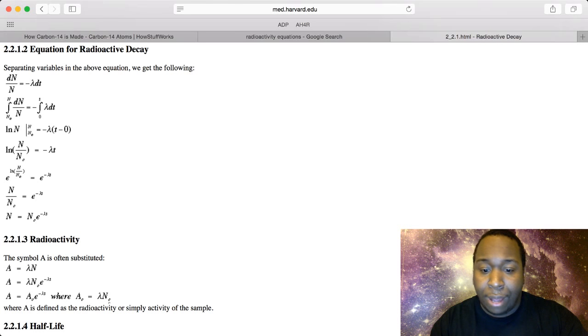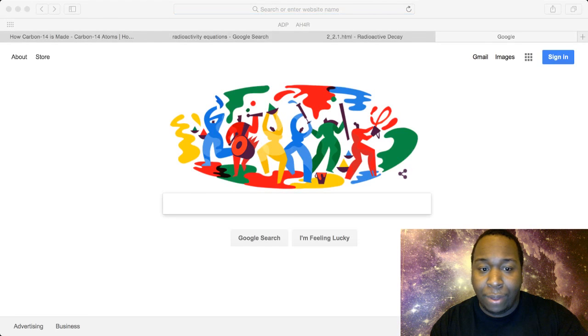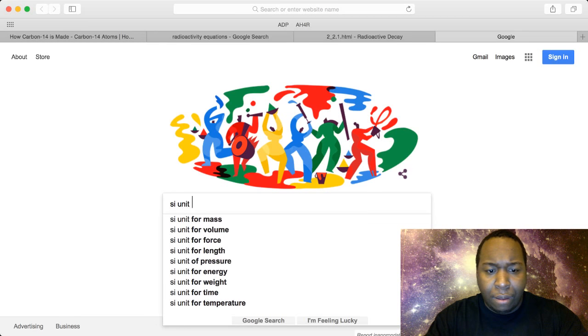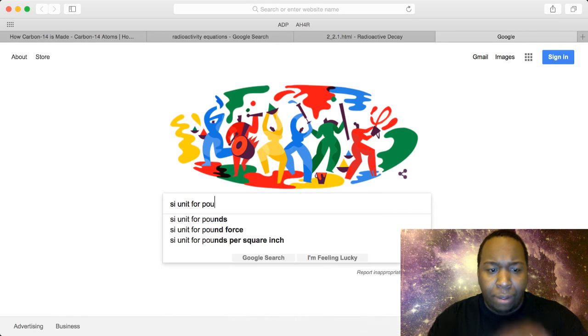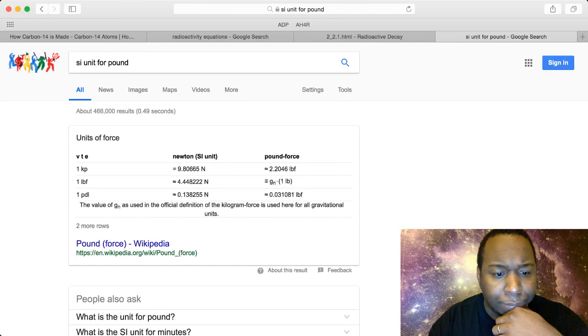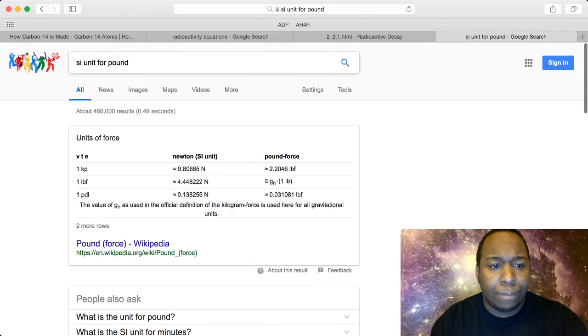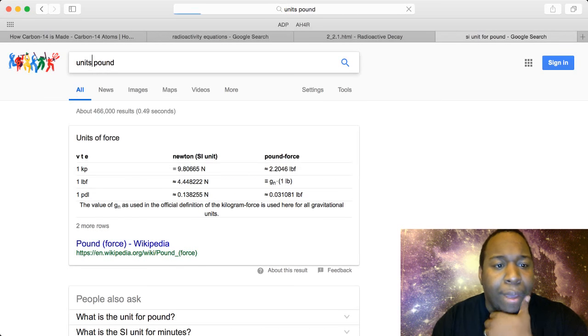Actually, I think you guys can see exactly what I'm looking at anyway, so let's just quickly do it. Maybe SI unit for pound. Units for pound. Let's look at this.